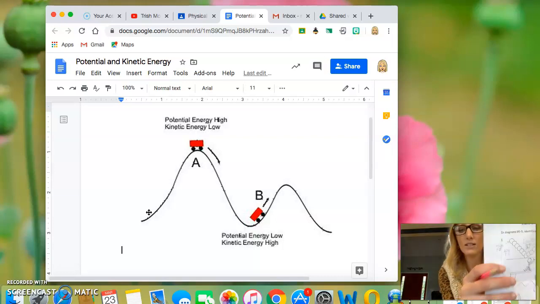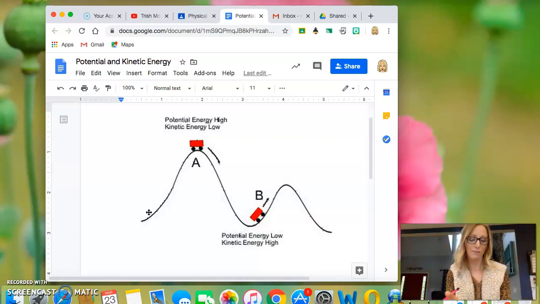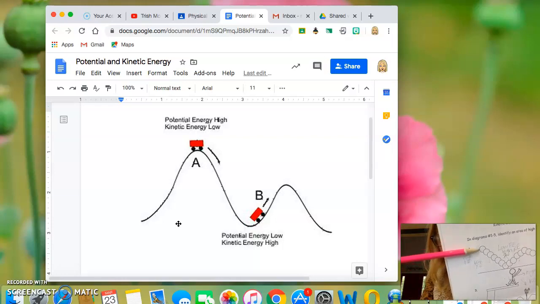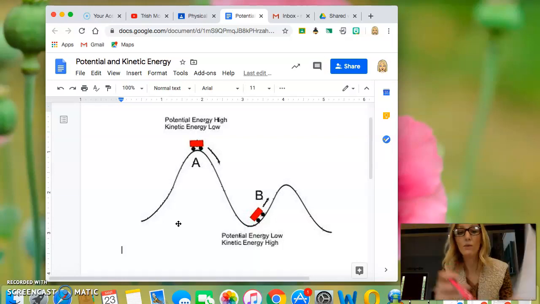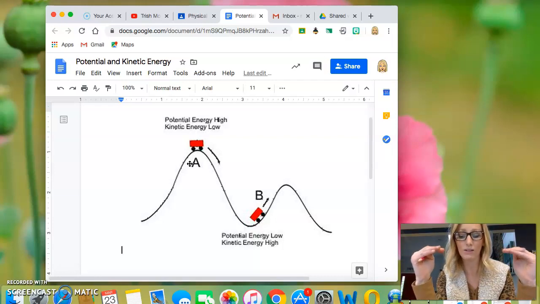If you look at the first example, it's kind of got a similar image to what we see on our screen right here. I don't know if these are beads or really what they are. Up here is when our potential energy is high, right? Think about this little cart right at the top. It's up top, it's not quite moving yet. So in the same spot where our potential energy is high, our kinetic energy has to be low.